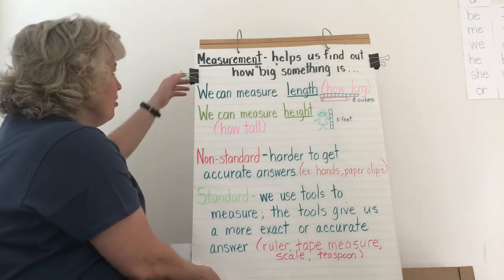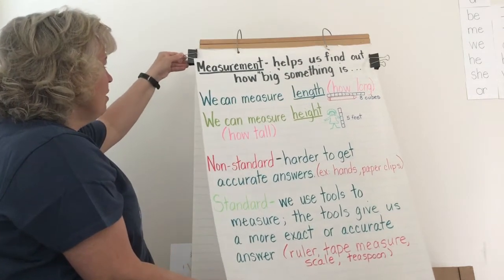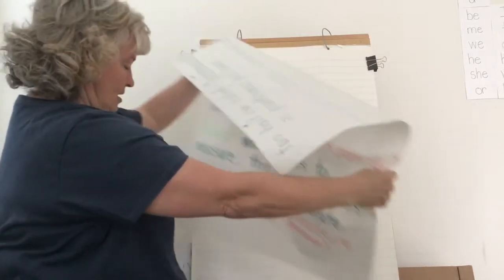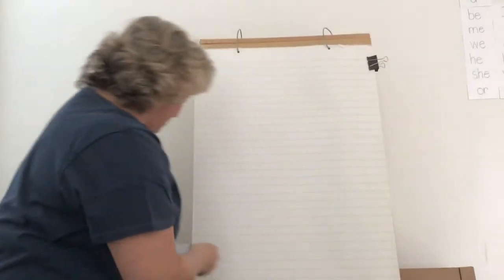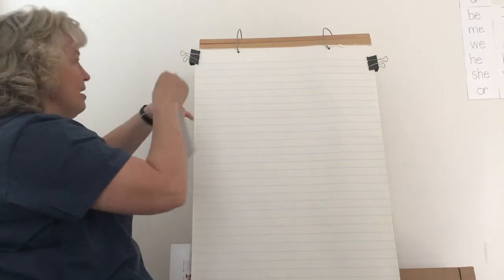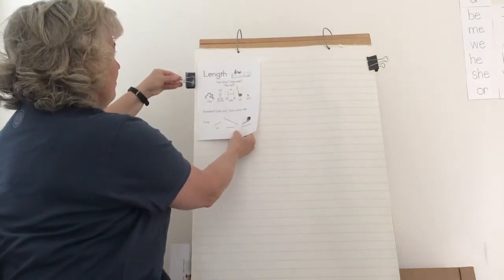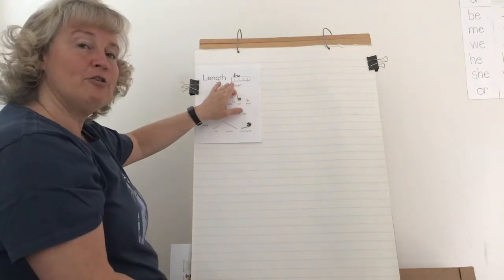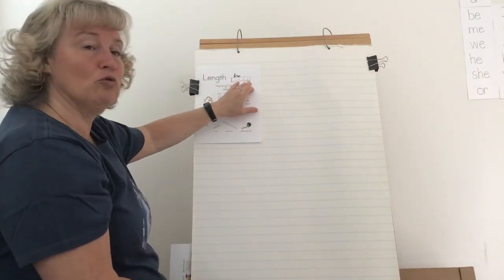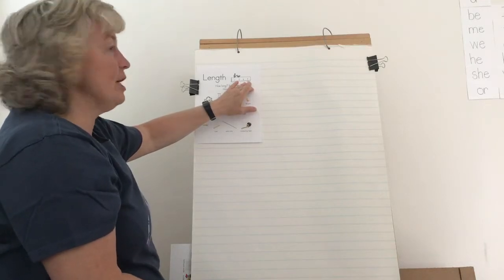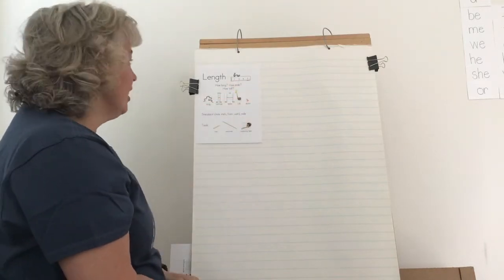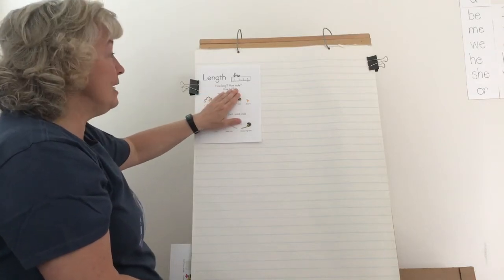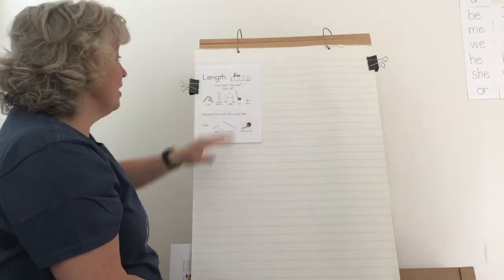All right, so I want to show you one thing that we're going to focus on today is the length. All right, so we're going to focus on length today. If we use our standard measurement and we use our inches on a ruler, inches on a tape measure, or a yardstick, we can decide how long something is, how wide something is, or how tall something is.